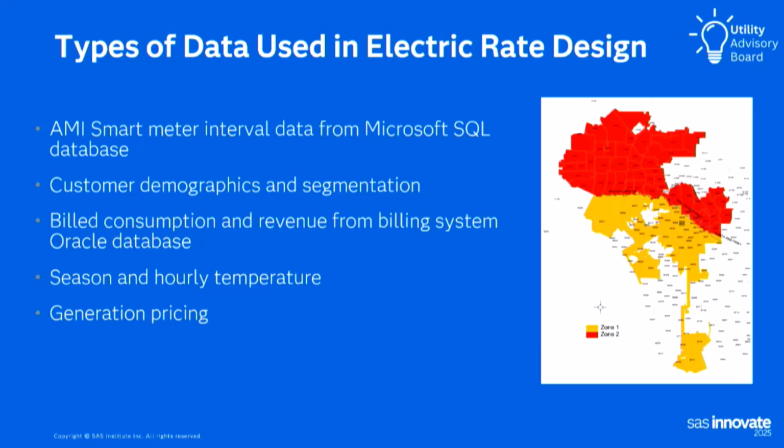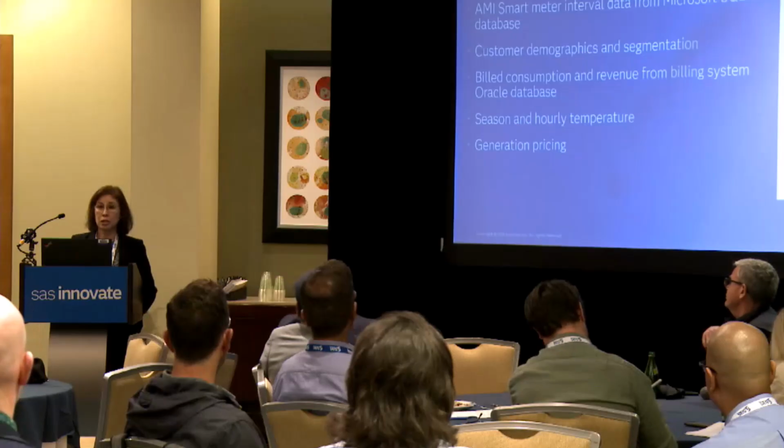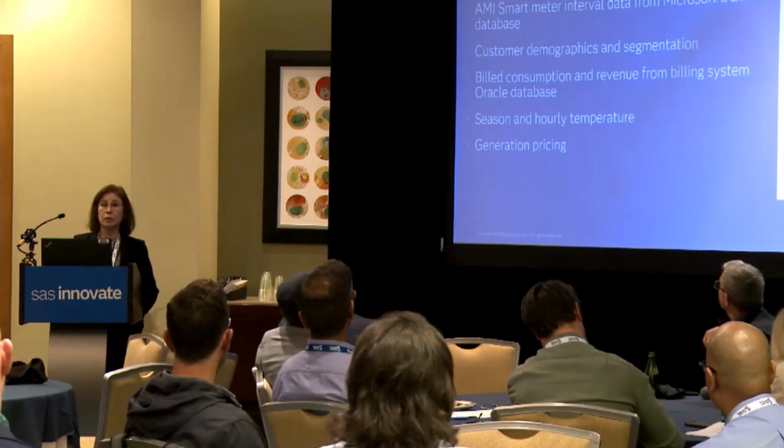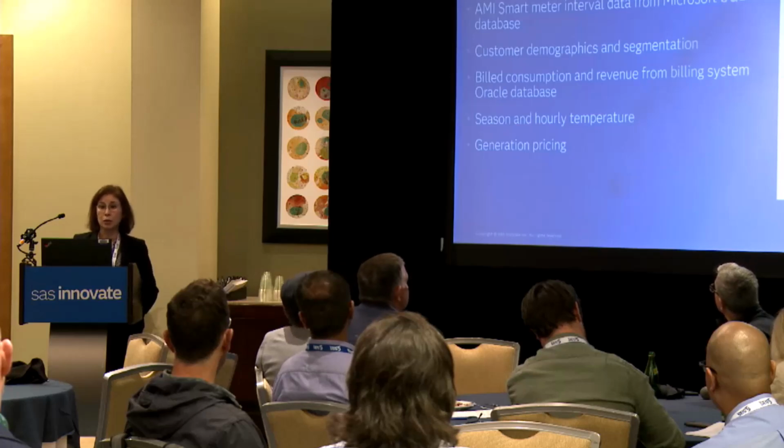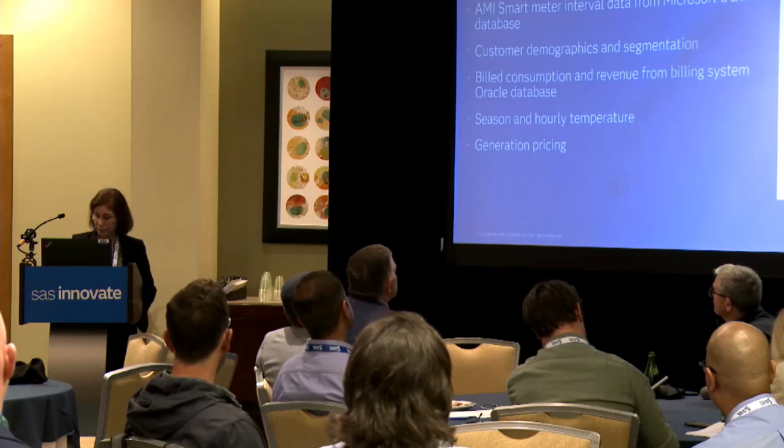We also incorporate customer demographics and segmentation, billing and revenue data from our Oracle system, as well as seasonal and hourly temperature data and generation and distribution pricing, which I forgot to put distribution pricing in there as well. We're a vertically integrated utility, so not only do we distribute the energy, we also generate the majority of our own energy, and we own and transmit our transmission lines.